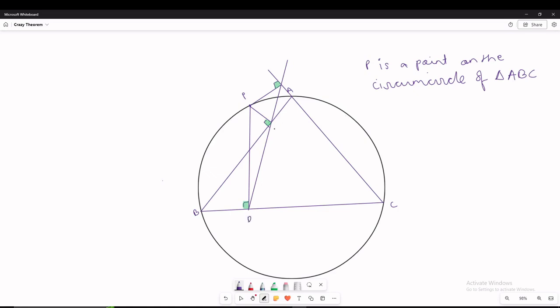We say D, E and F. D, E, F are feet of perpendiculars.